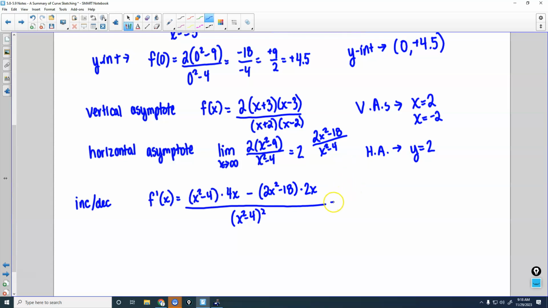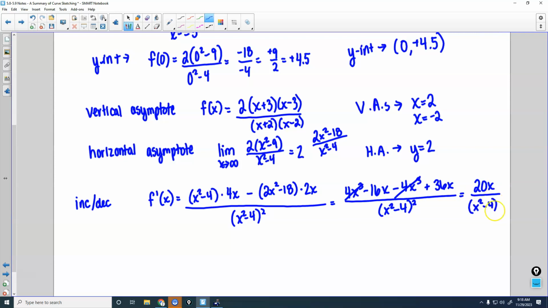Okay, and if we clean that up a little bit, we're going to get 4x to the third minus 16x minus 4x to the third plus 36x over x squared minus 4 squared. Our 4x to the thirds are going to cancel, and we will get 20x over x squared minus 4 squared.